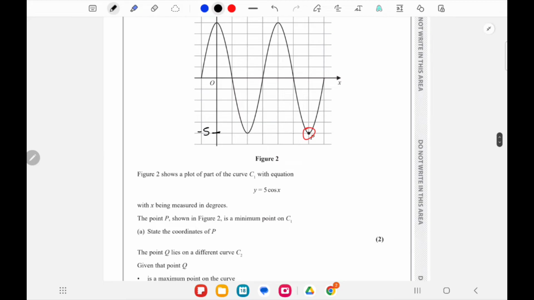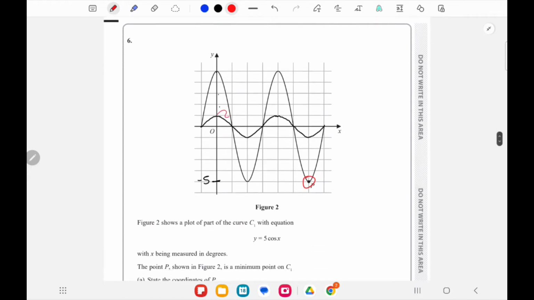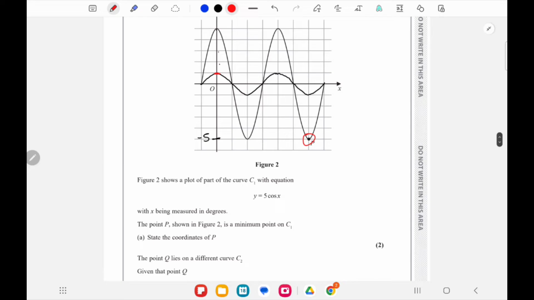If it was a graph of cos x, it would be like this. 1, 2, 3, 4, 5. Would be like this. Now for 5 cos x, the amplitude would be 5 times of this. So this will be minus 5.